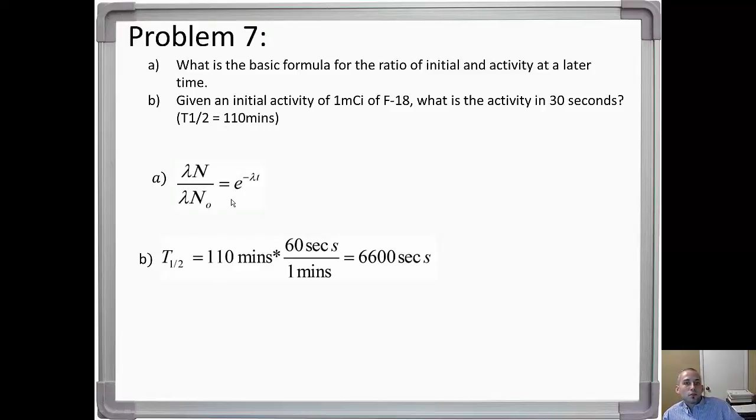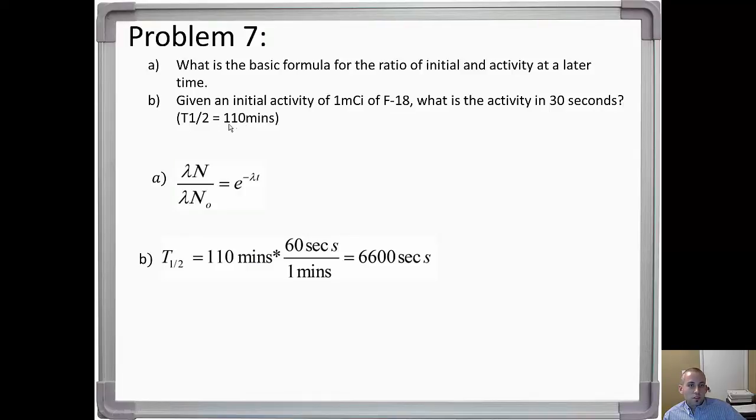Given an initial activity of 1 millicurie of F18, what's the activity in 30 seconds? We have the half-life, it's given to us in minutes. So in our case, I see that the time is given in seconds, the half-life is given in minutes.